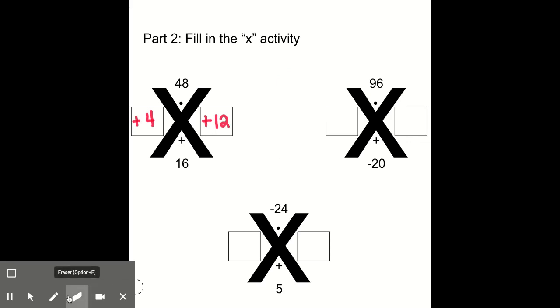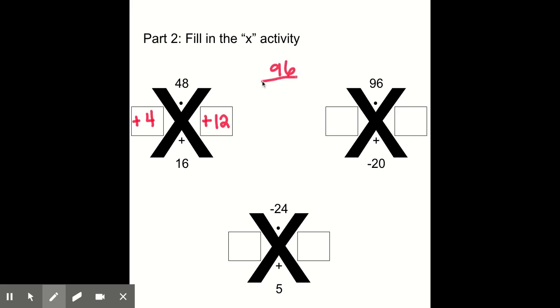So the next one is 96. Let's list our T-chart for 96.